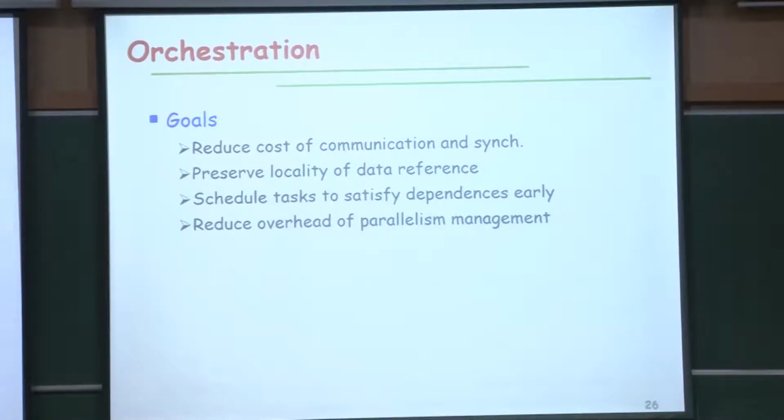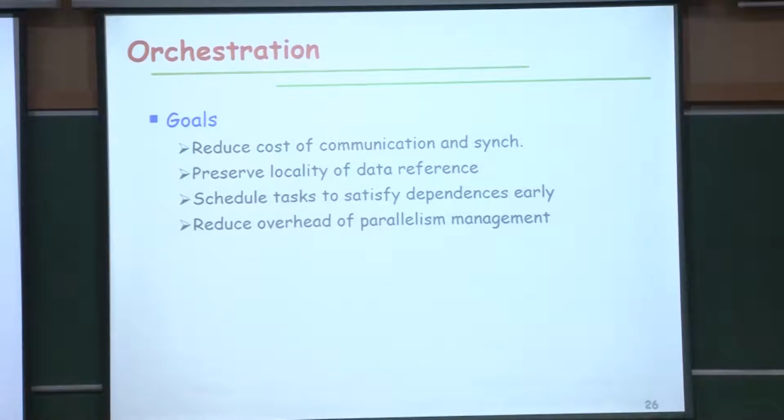Let me just skip some of these things because this was prepared for a different context. The goal of orchestration is essentially to make sure that the interaction between these processes takes place as is required in the parallel program. If I want to compute this, I have to send a message from here to there, and that particular process has to receive that message. Or if I want to compute this, I have to do synchronization. I have to make sure that the producer has produced the data before the consumer can read the data.